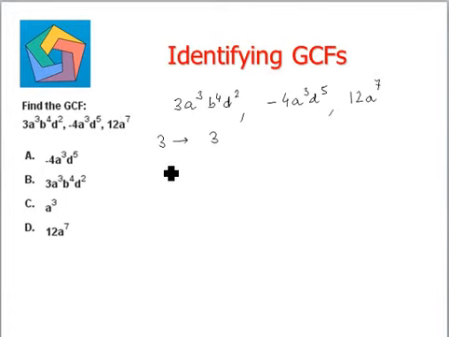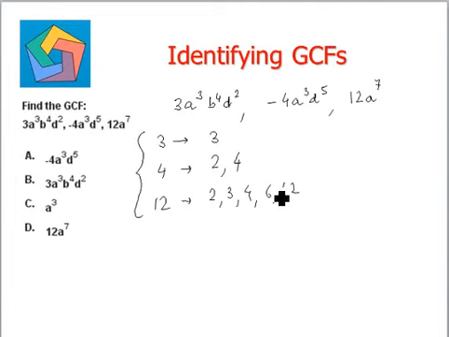For 4 this has 2 and 4, while for 12 we have 2, 3, 4, 6 and 12. Now again, in all three numbers we do not see any common factor, so the GCF of these numbers is 1.